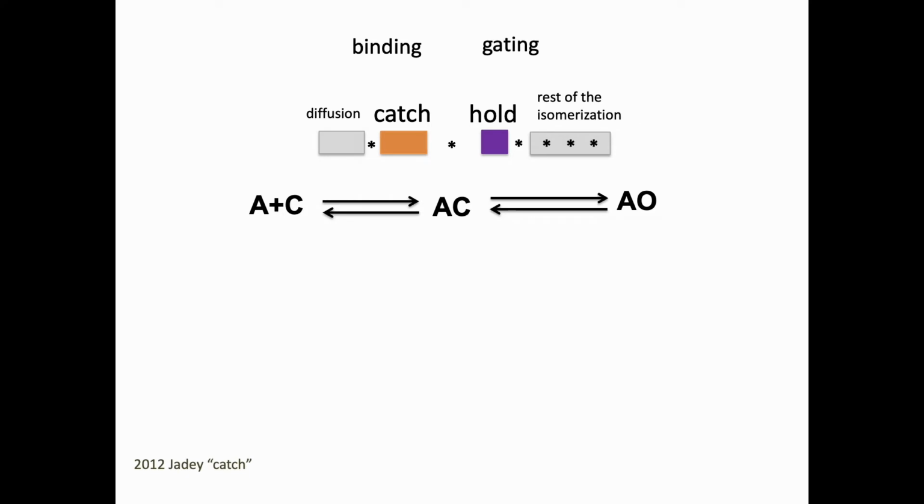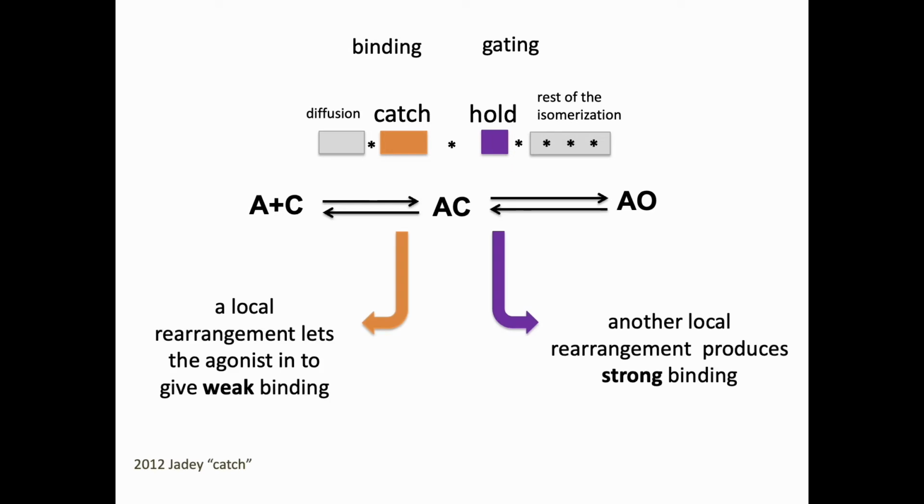Notice that I'm naming these by the process, not by the state. It's the process that connects the intermediate states that are called catch and hold. So catch is a local rearrangement that lets the agonist into the binding site to give weak binding, and hold is another local rearrangement of the binding site that takes place in gating that produces strong binding.